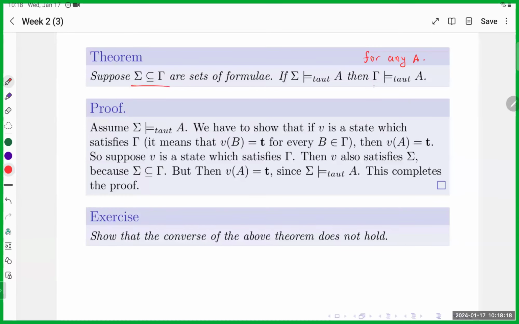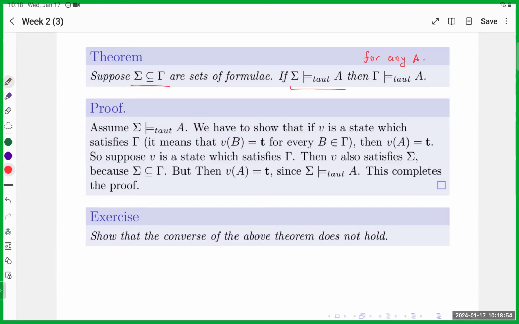All right, so those are the hypotheses. We are assuming sigma is a subset of gamma, and we are assuming that sigma tautologically implies A. Now we want to show that gamma tautologically implies A. So take a state V that satisfies gamma. Now we need to show that V satisfies A. V gives true to all the formulas in gamma.